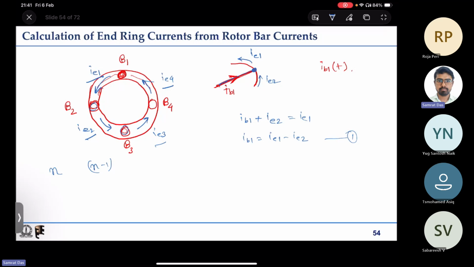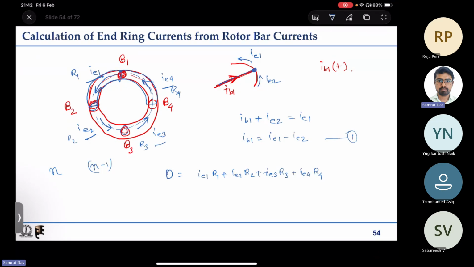So in the perfectly balanced case, or normally, we must have the voltage, because this end ring is forming one loop. That is why if we apply KVL in it, and say R1, R2, R3 and R4 are the corresponding resistances of these ring segments, then 0 equals IE1 into R1 plus IE2 into R2 plus IE3 into R3 plus IE4 into R4.